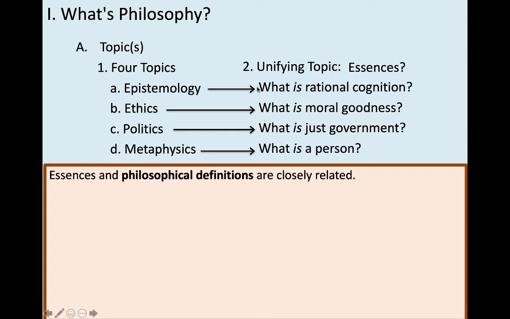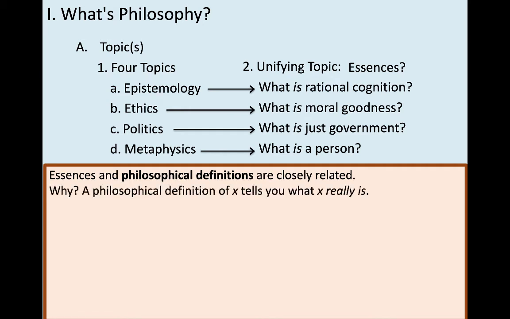I say philosophical definitions here because, as we'll see in a moment, at least many dictionary definitions aren't really concerned with essences. So we need to qualify definitions and say we're interested in a particular kind of definition, which we'll call philosophical definitions or ideal definitions.